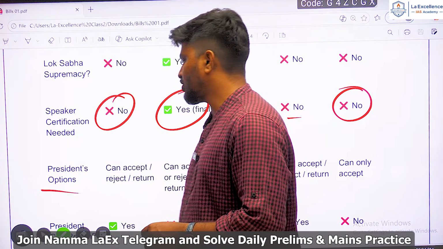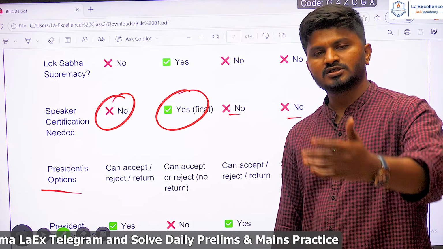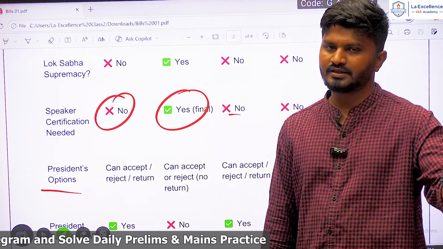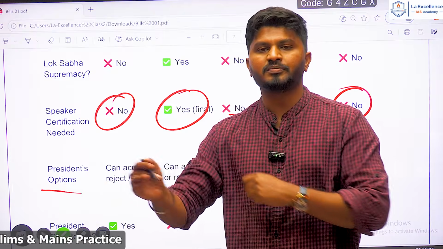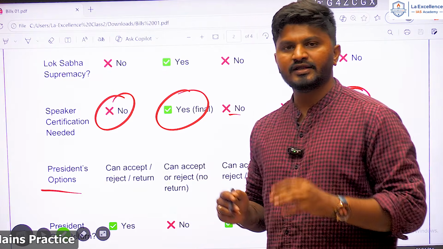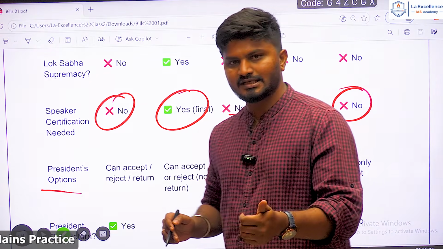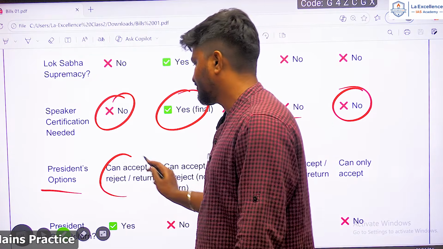Next is president's options. When it is passed through Lok Sabha, passed through Rajya Sabha and everything is done, even after passing through joint sitting, when it goes to the president, what are the options available for president? In ordinary bills, president can either accept, reject or return.